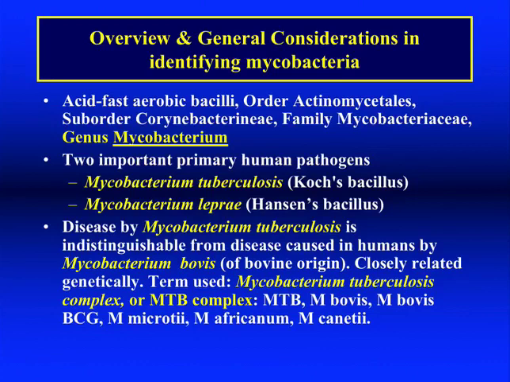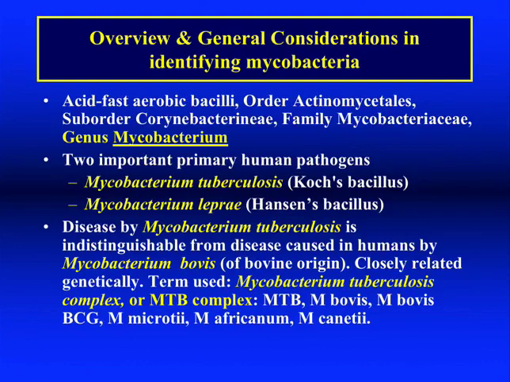Historically, there's two important primary human pathogens, and they are Mycobacterium tuberculosis, the Koch bacillus, and Mycobacterium leprae, the Hansen's bacillus.